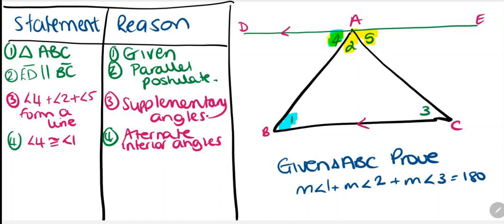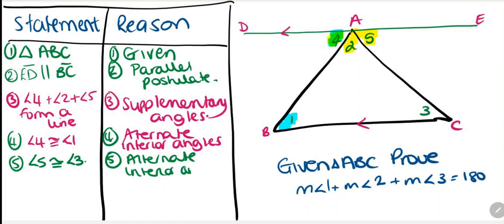And we can also say that angle 5 is congruent to angle 3. Again, they're alternate interior angles. So angle 5 and angle 3 are congruent.